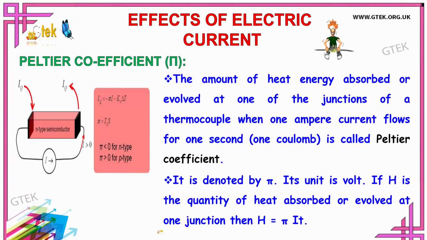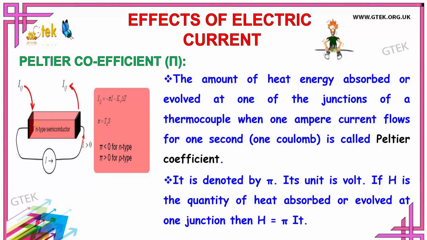So now let us see about the Peltier coefficient. The amount of heat energy absorbed or evolved at one of the junctions of a thermocouple when 1 ampere current flows for 1 second, or 1 coulomb, is called the Peltier coefficient. It is denoted by pi. Its unit is volt. If H is the quantity of heat absorbed or evolved at one junction, then H equals pi I t.